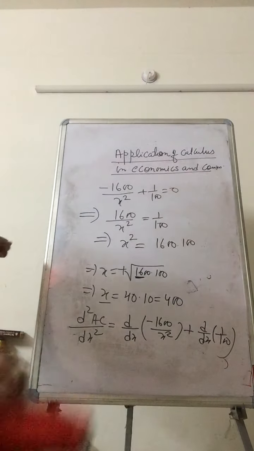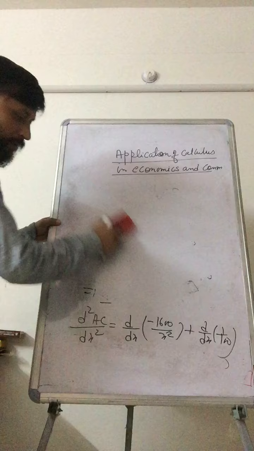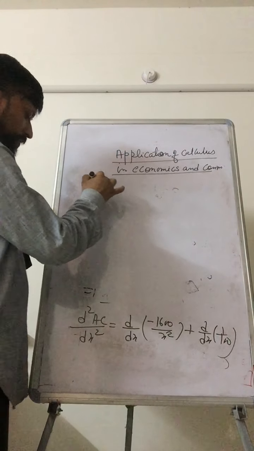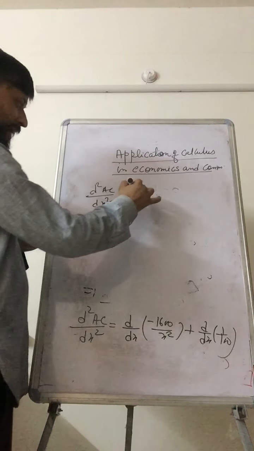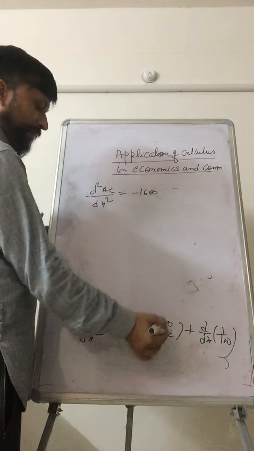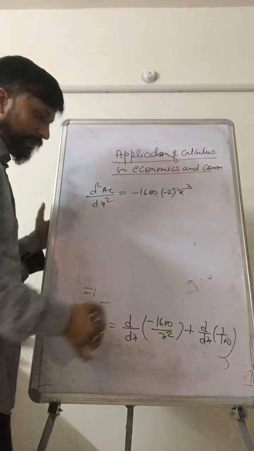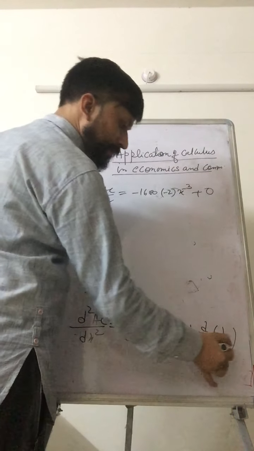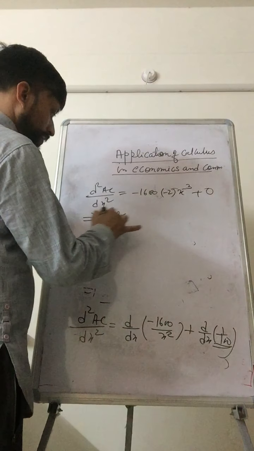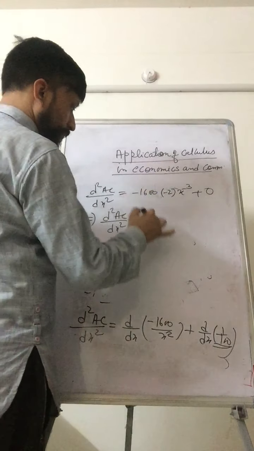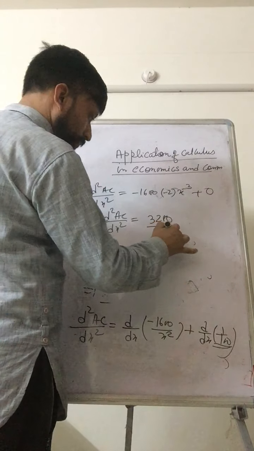Further simplification will give us d square AC by dx square equal to minus 1600, then the derivative of this, minus 2 x to the power minus 3, plus 0. Why 0? Because this is a constant. Then minus minus plus, that is 3200, and this will come down, then it will become positive.